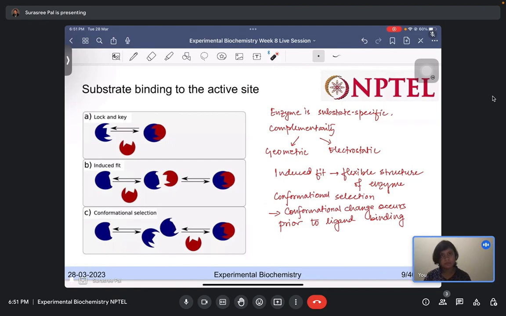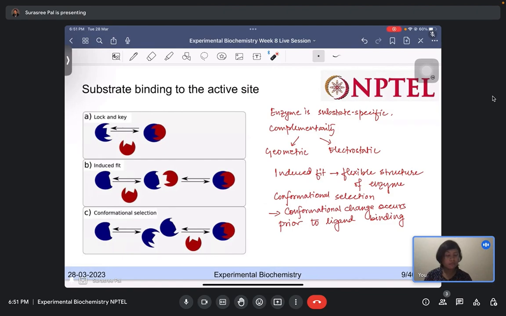Initially, in the very beginning, scientists assumed the enzyme and substrate binding as a lock and key model. That means just how a key fits into a particular lock, and any key will not fit into any lock, right?